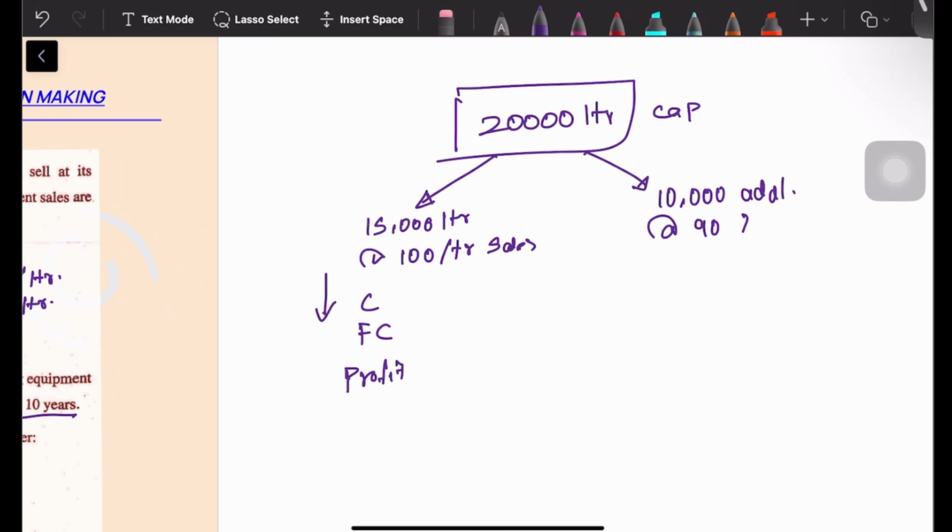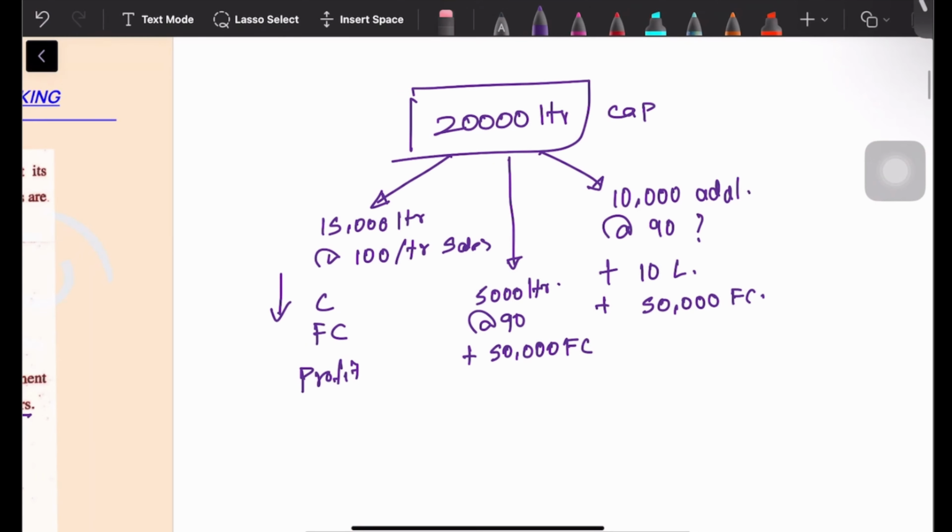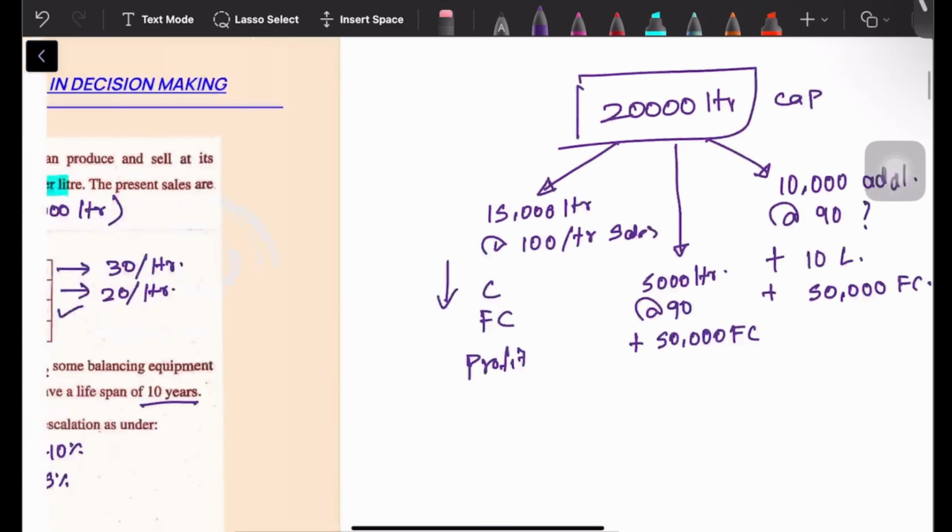So should I accept? Because it has 10 lakh additional plus 50,000 additional fixed cost. Apart from this, what else do I have? I have my balance 5,000 capacity, 5,000 liter. So if I go with this, again I can sell at 90 per liter, but I incur 50,000 extra fixed cost. So in all the cases I have to calculate using my statement of marginal cost.